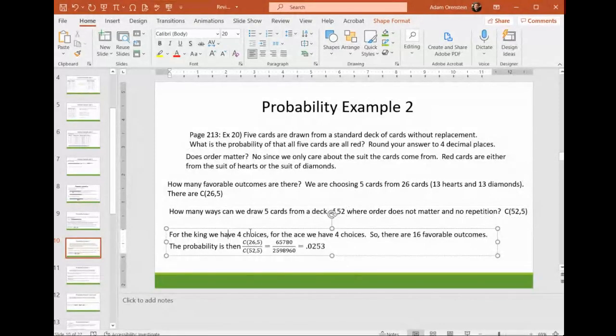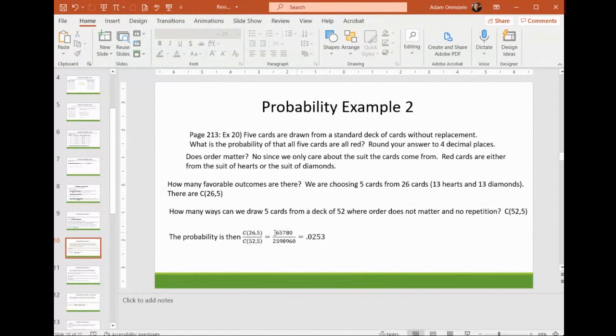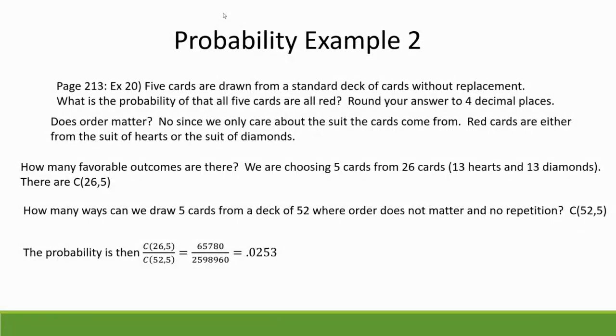So in other words, what does that tell us? That tells us that the probability then is down here, right? This is the total number of possible outcomes altogether. This is how many favorable ones there are. So we divide and we get this.